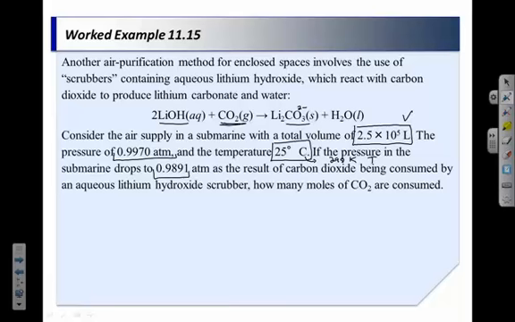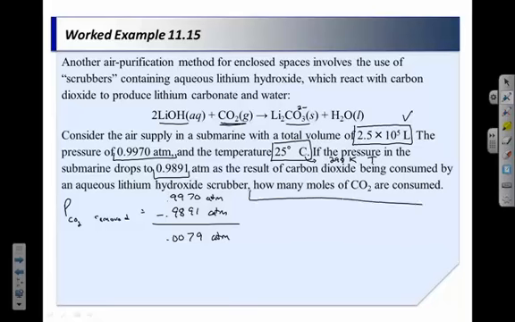So similar to an example we did this morning, if we want the pressure just responsible for the CO2 removed from the air, that's going to be the pressure that was created when that CO2 was present minus the new pressure after the CO2 has been removed. So that would be the pressure of the CO2 in atmospheres that's removed.